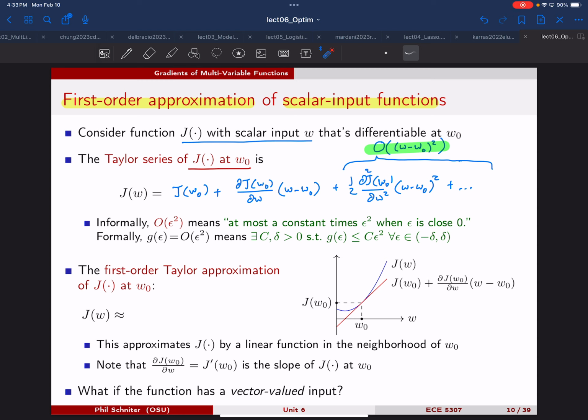If you want a more formal definition, if a function g of epsilon is big O of epsilon squared, it means that there exist two positive constants, c and delta, such that g of epsilon is less than c times epsilon squared for all epsilon between minus delta and delta. That's what you would get if you take a course on real analysis, which is something a lot of grad students take.